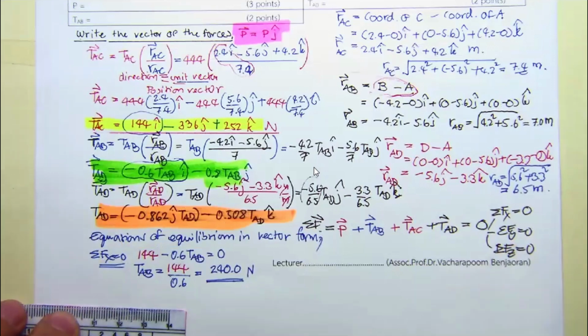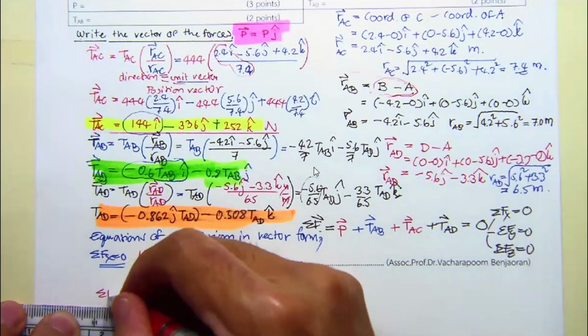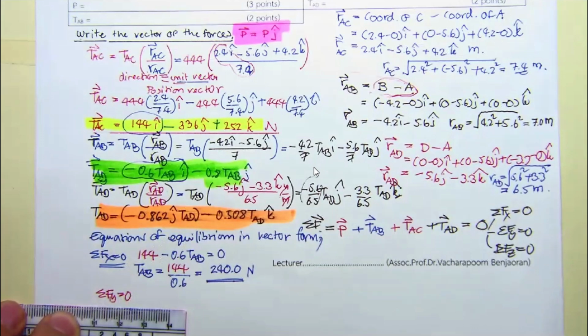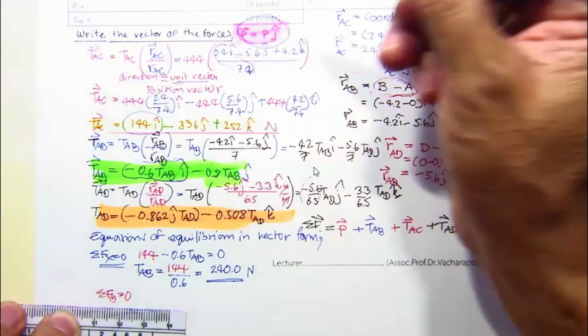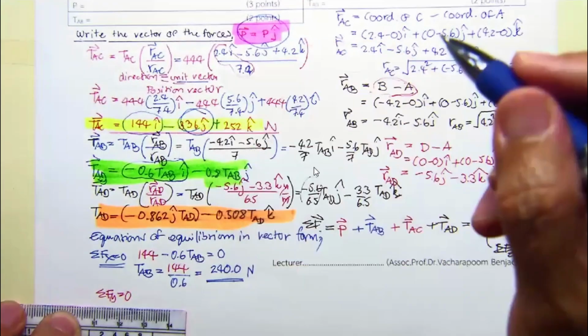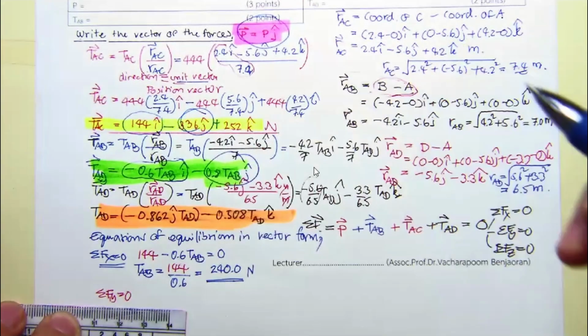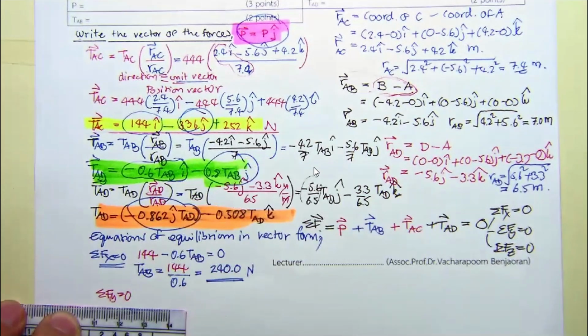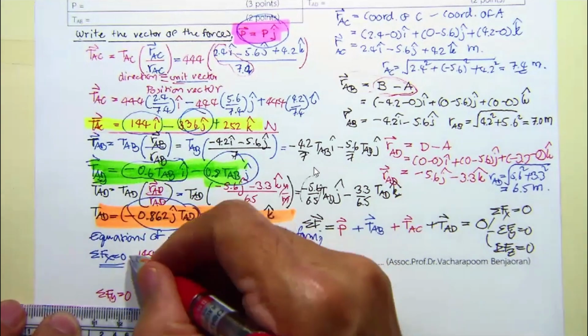Then going to the second one, summation of F sub y equal to 0. Taking for the j. This is the j, the j, the j, and the j. You have a total of 4 components. So just put it. Okay.